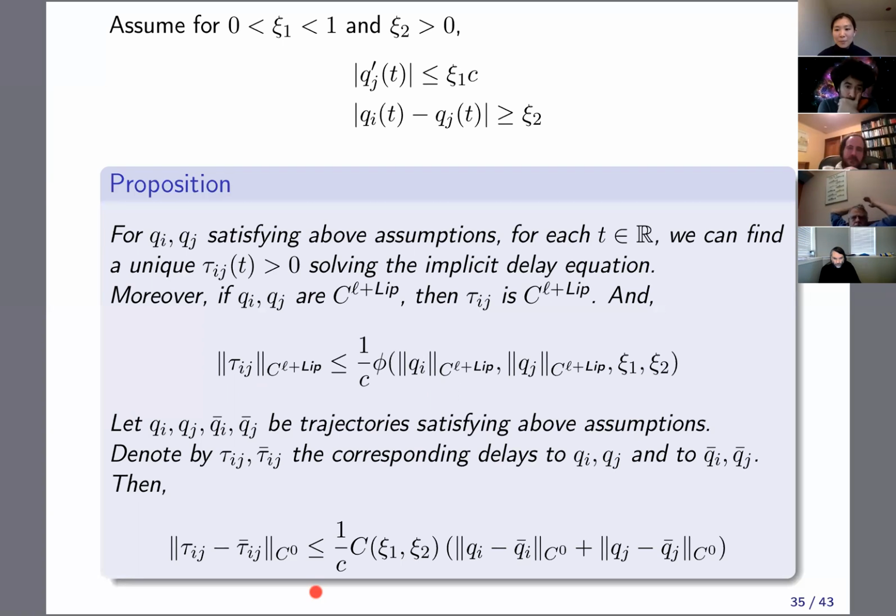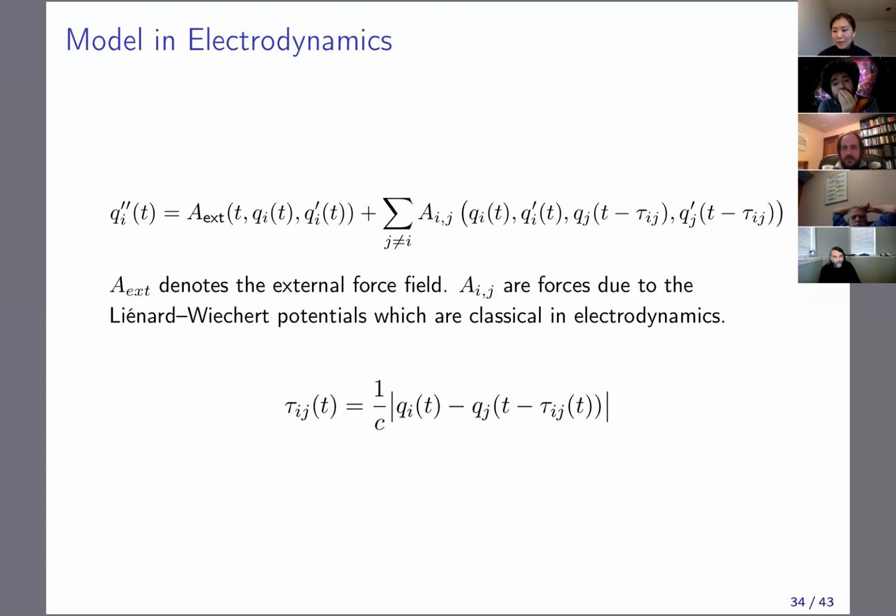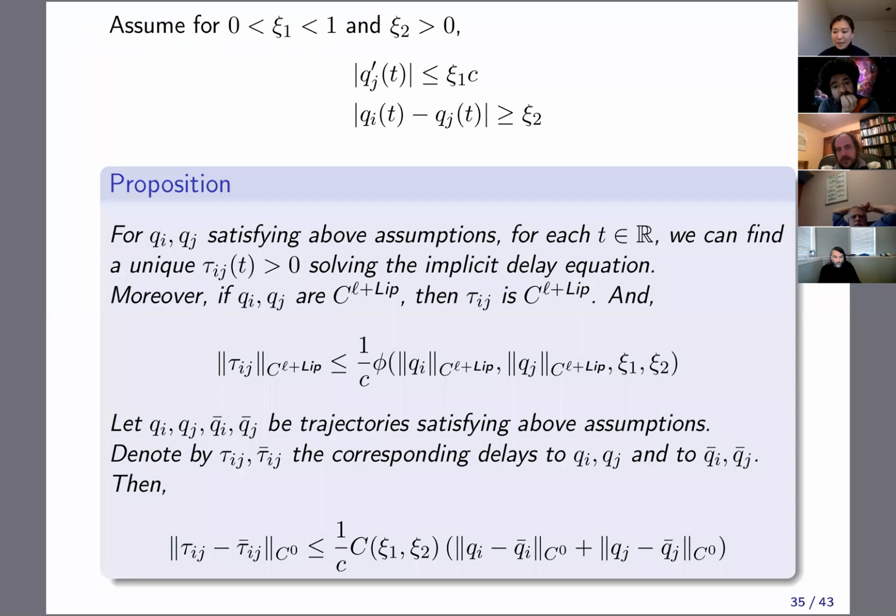The proof of this proposition is based on realizing the right-hand side of the equation defining this tau ij is actually a contraction in tau ij, and then using the implicit function theorem. And I want to emphasize that here we have this small factor 1/c, which helps us to apply the results in the small delay case. c is the speed of light.